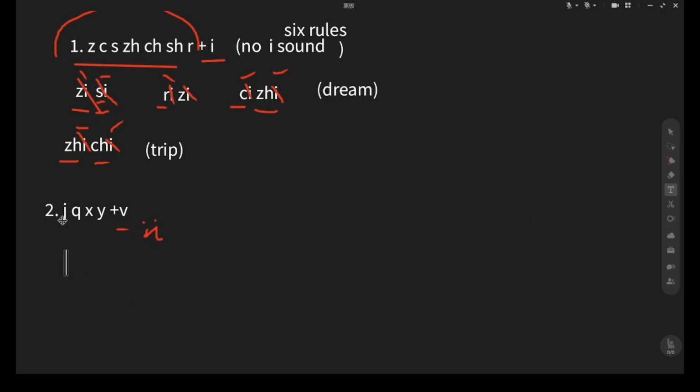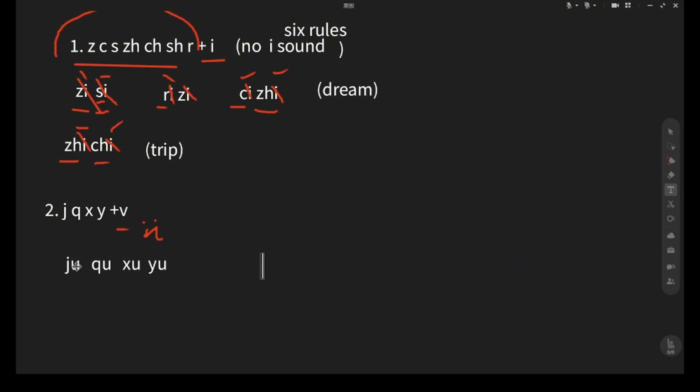When this consonant group is with u together, it changes to this way.